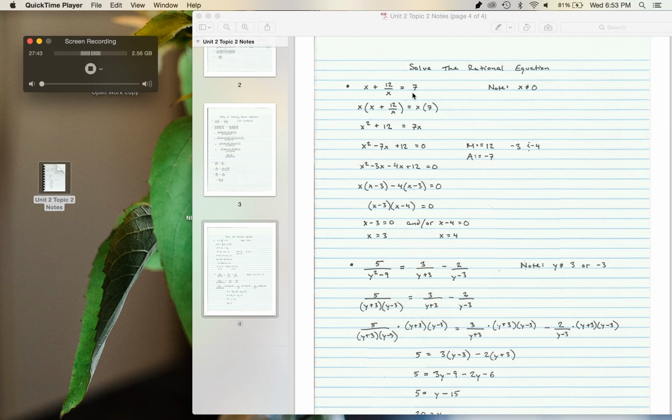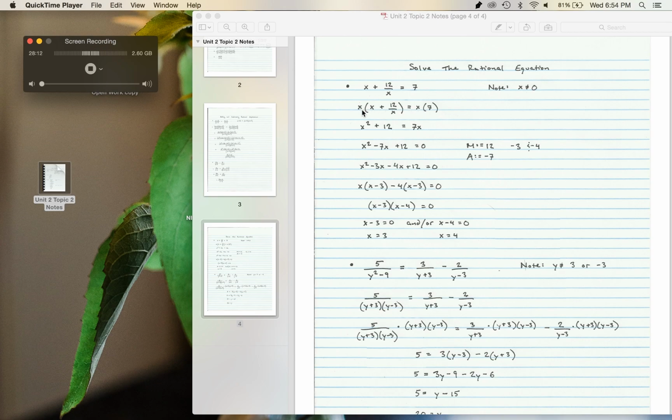So that's the first step. The next thing we want to do is to try to solve for this x. In order to do that, I need to get x by itself on one side of the equation. So it would be best if I could get that x out of the denominator. One way I can do that is by multiplying both sides of the equation by x. As long as I multiply the left side and the right side by the exact same thing, I'm not actually changing the equation.